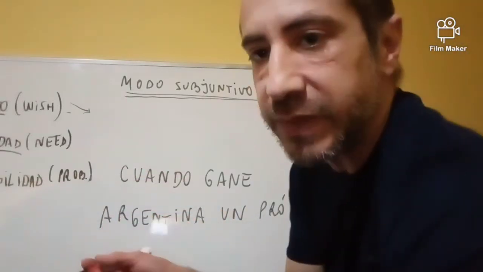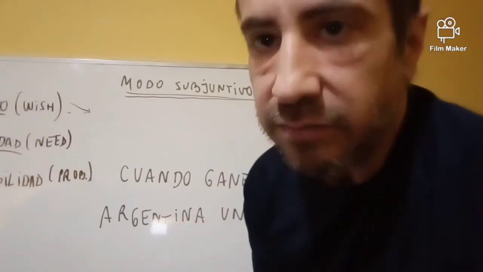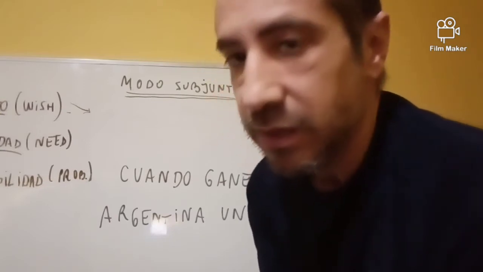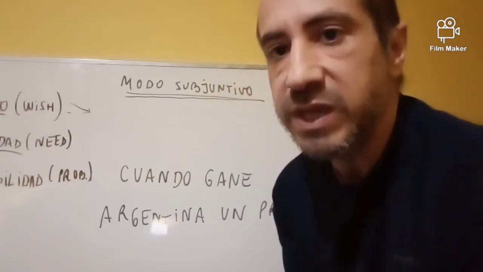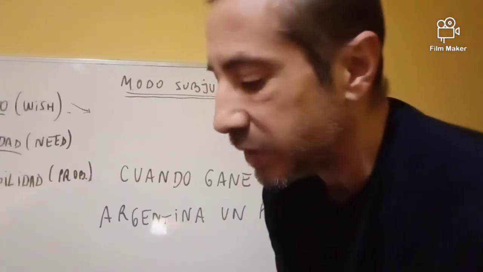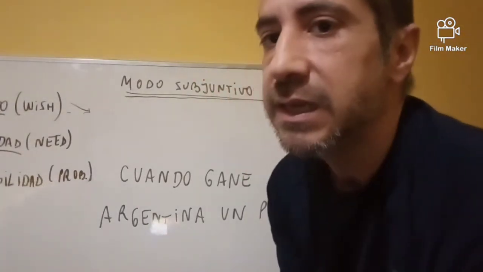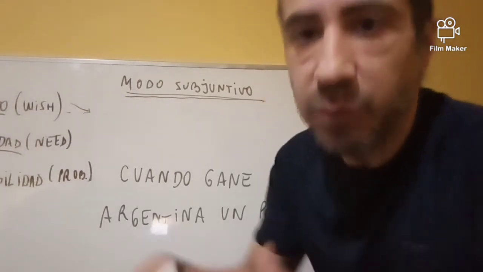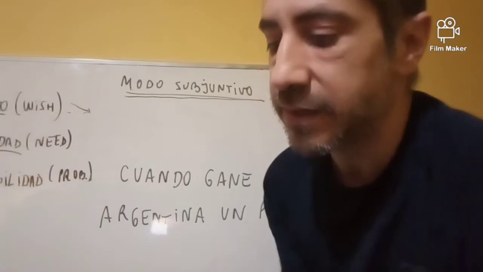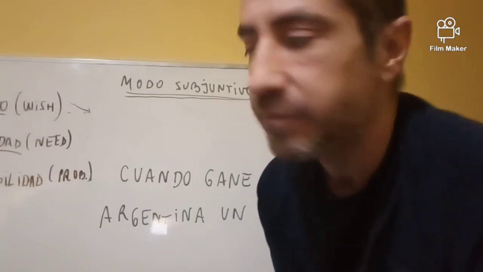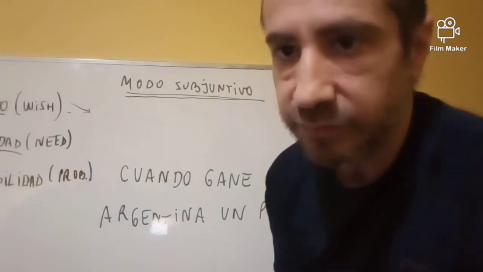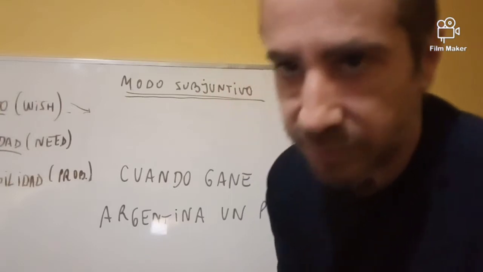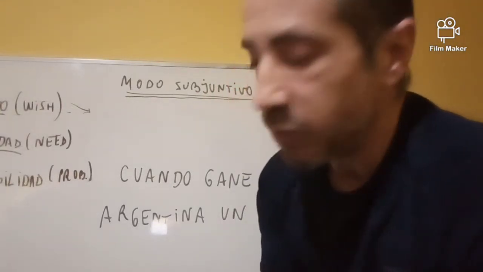We say un mundial. You know that in Spanish it's very, very common to omit the noun, and we just refer to something. We usually refer to some things just by using the adjective. El mundial, it's the World Football Cup. We just say el mundial. We can say el mundial de fútbol, but it's much more common to say el mundial.